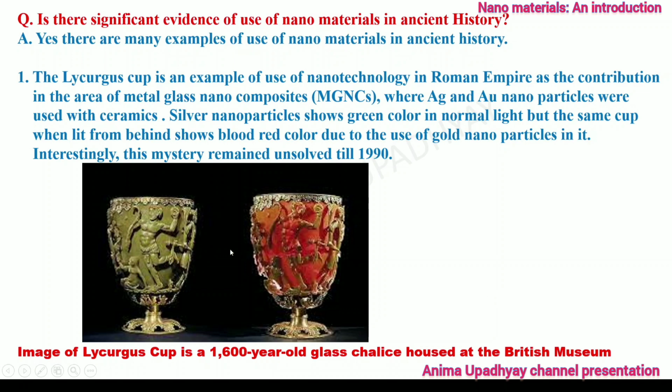So this is the same cup. When it is kept in the normal light, it is showing the green color due to the presence of silver nanomaterials in the ceramics. But the same cup, when it is lit from the back side, shows blood red color. And this mystery remained unsolved till 1990 because we did not have the knowledge of nanomaterials.